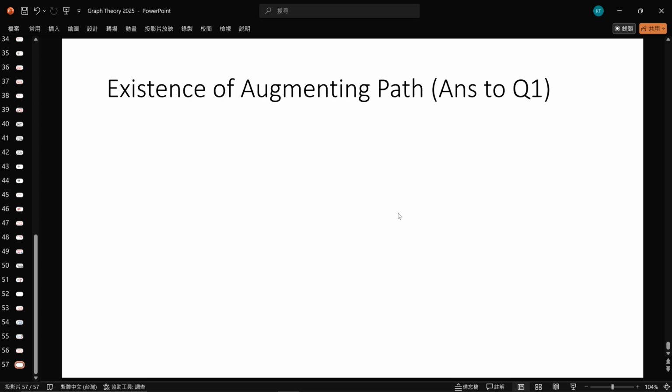Suppose you have a matching of size 3, and the best matching has 4 edges. How to create an M augmenting path using these 2 matchings?